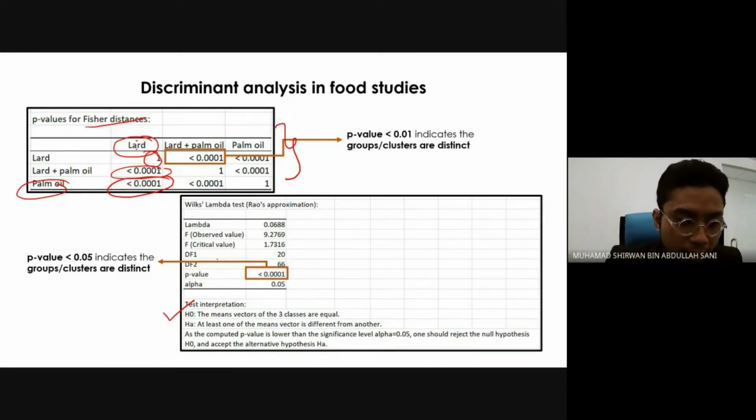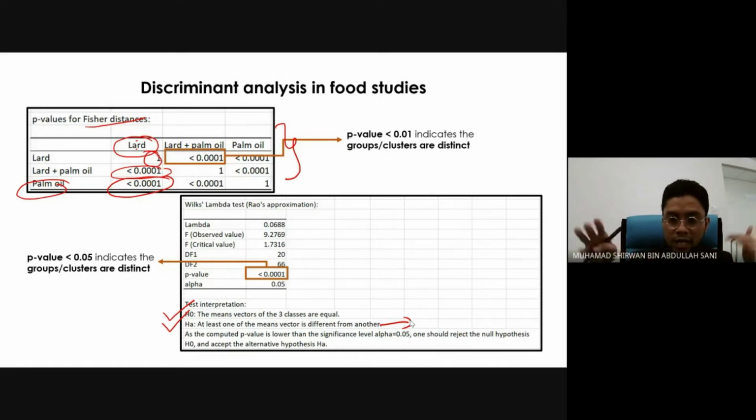So the alternative hypothesis is that at least one of the mean vectors is different from another. At least one of the group directions is different from another. This is what we are looking for actually. We want the grouping to be different. We want the model to be able to discriminate, and all the groupings should be in different locations, for example.